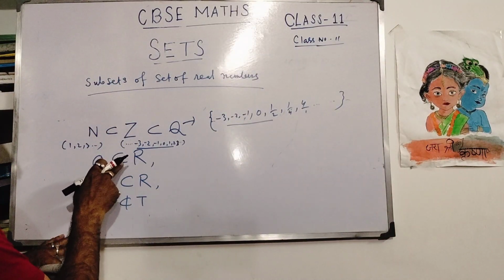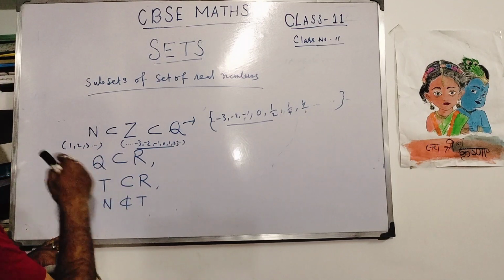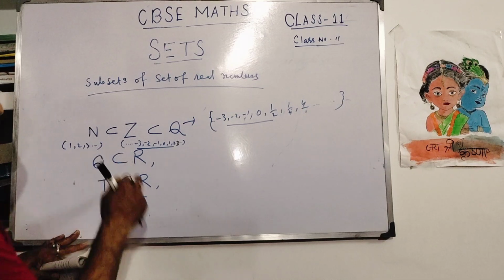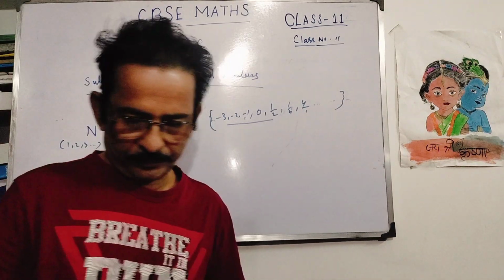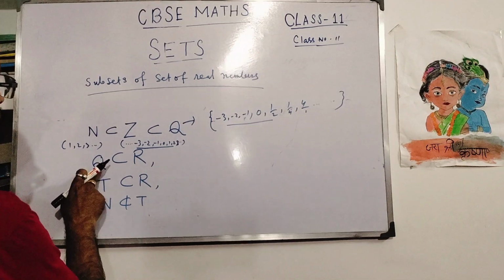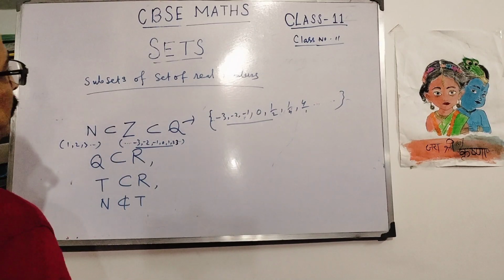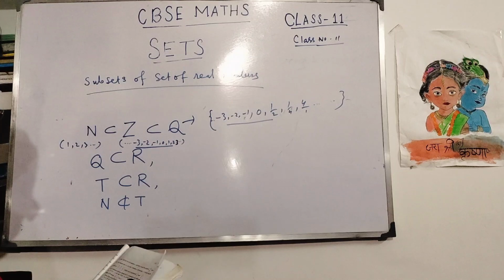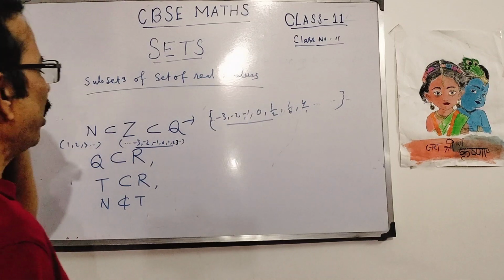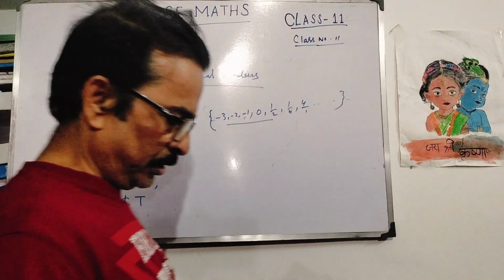Now, Q is a subset of R. R means real numbers, and Q means rational numbers.